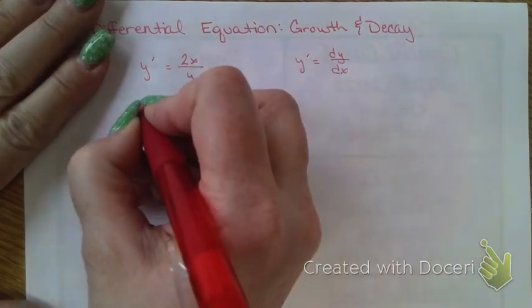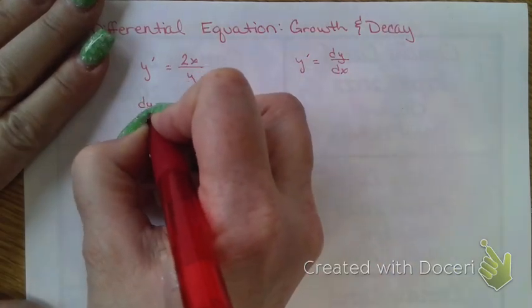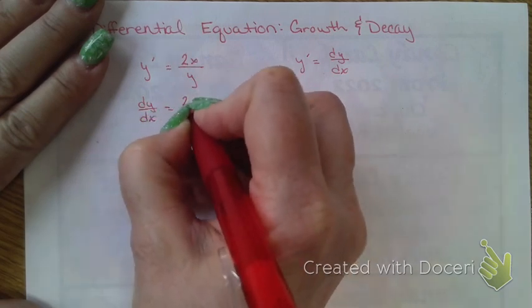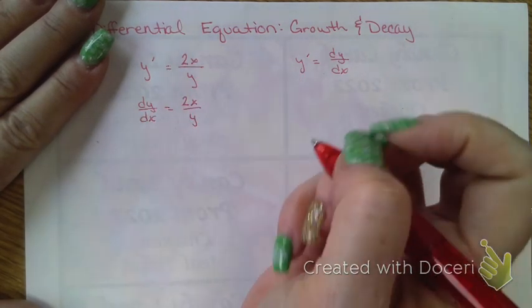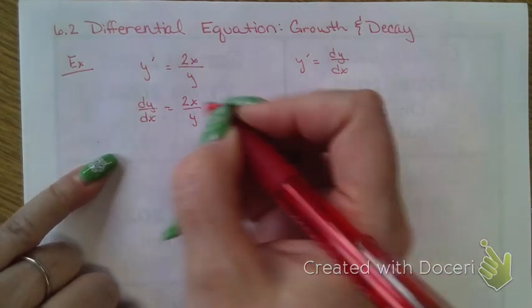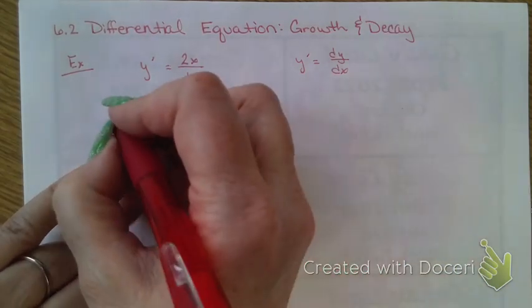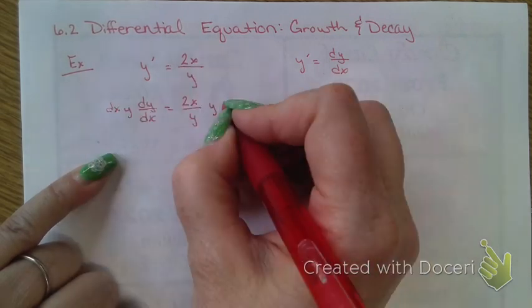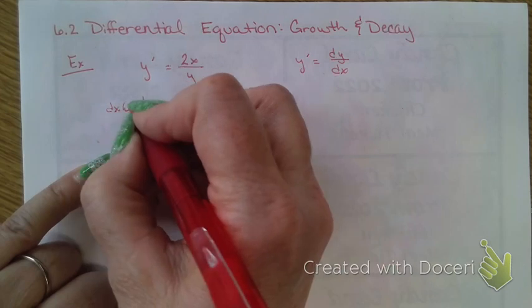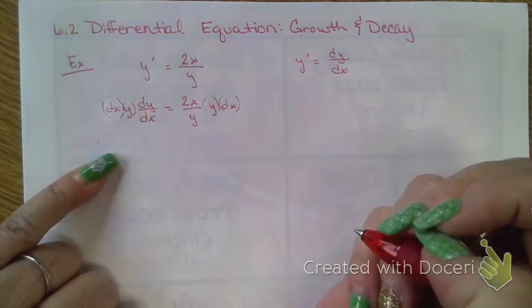I'm going to rewrite this as dy over dx, first of all, because I think it's easier to think about it to start out. So I'm going to have to multiply by y on both sides. And I'm going to have to multiply by dx on both sides, again, to get the x's and y's on opposite sides. See what I'm doing?